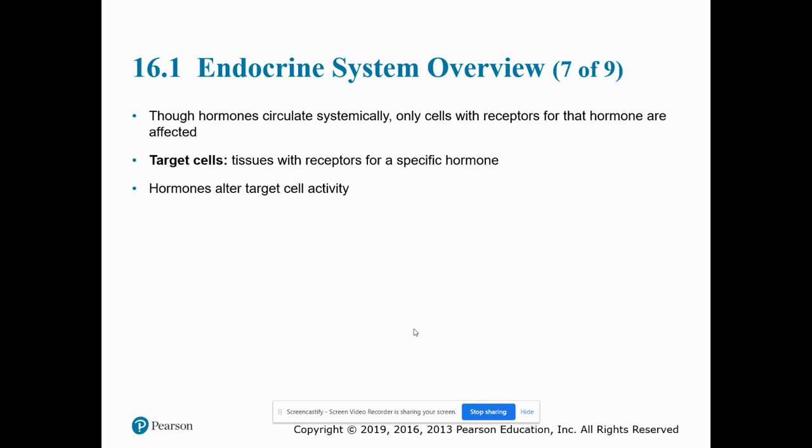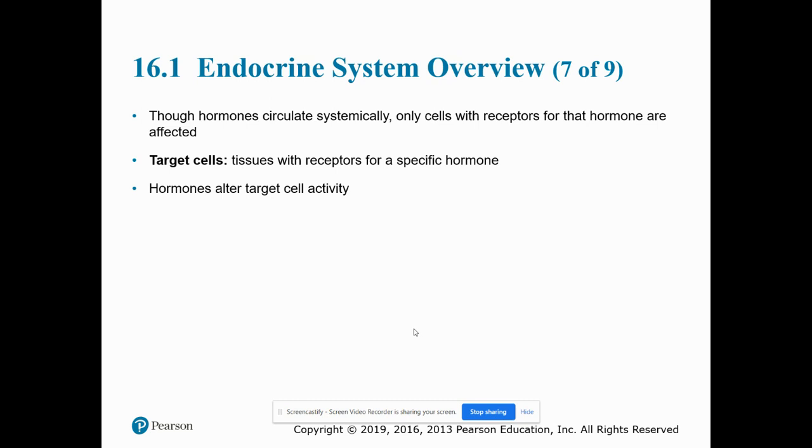Though hormones circulate systemically, only cells with receptors for that hormone are affected, and cells with receptors for a particular hormone are called target cells, because they are the target of that hormone. So, let's say your body was made of 1 million cells, which it's not, it's made of much more than that, but let's just say.